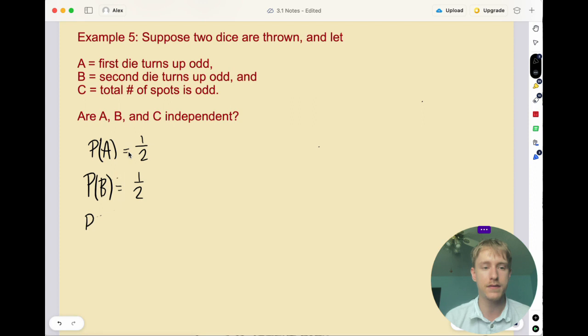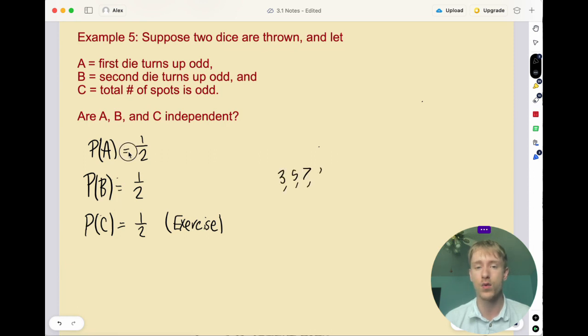And the probability of C occurring is actually less trivial. The total number of spots being odd, I claim, is also 1/2, and I'm going to leave it to you as an exercise to prove that. You essentially have to enumerate all the different sums that are odd: you could get a 3, 5, 7, 9, or 11.